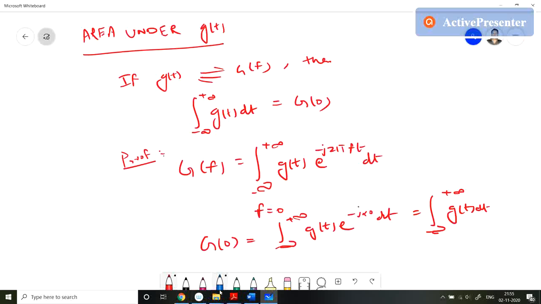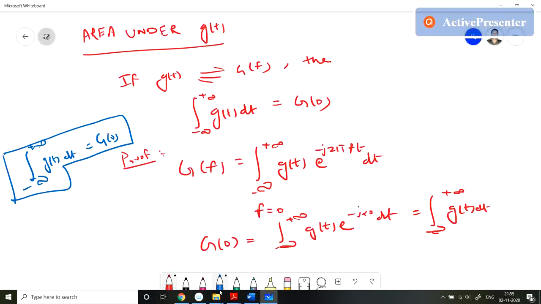So what is the conclusion? The integral of g(t) dt from minus infinity to plus infinity is equal to G(0). So this is the area under g(t), and the area of g(t) is equal to G(0).